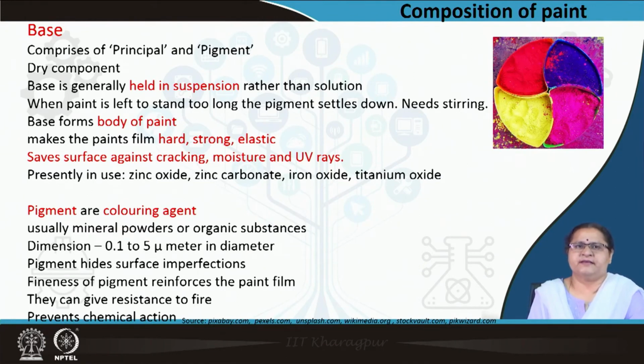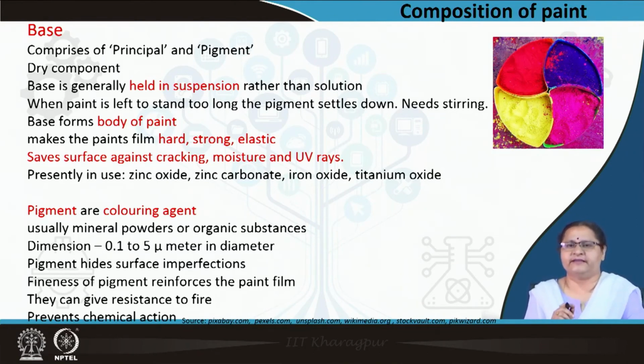So base, obviously, as I told you in the previous slide, should be cheap. And here I had mentioned this when we did non-ferrous metals. Lead oxide was extensively used as base, which kept the cost of paint very economical or cheap.